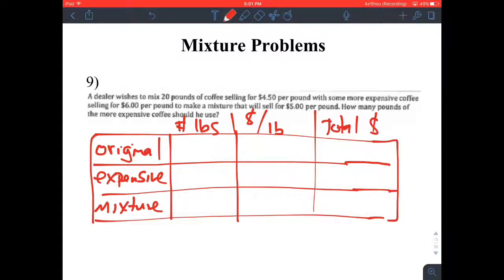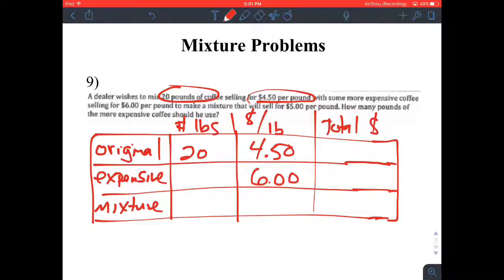So let's fill in the table with things that are facts. 20 pounds of the original coffee. It's $4.50 per pound. So that's done. With some more expensive coffee that sells for $6 a pound, we don't know how many pounds that is, to make a mixture that will sell for $5 a pound.